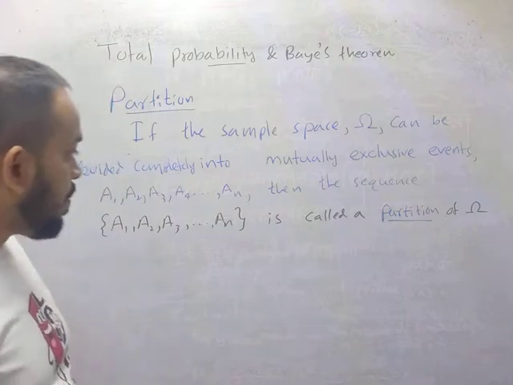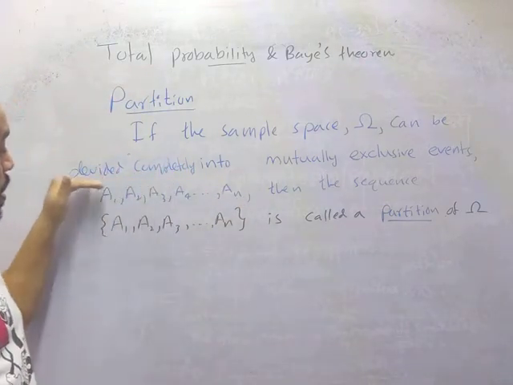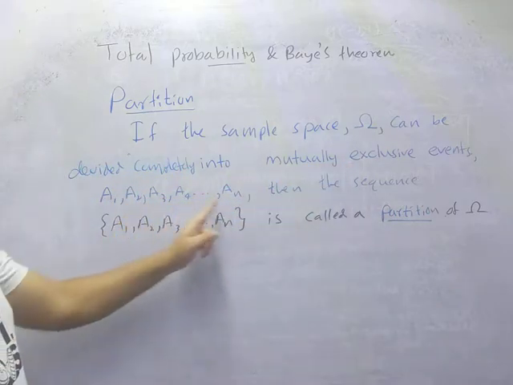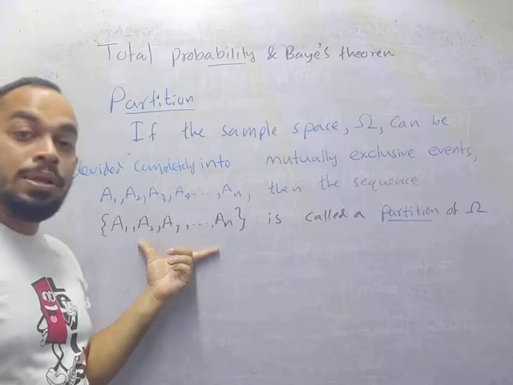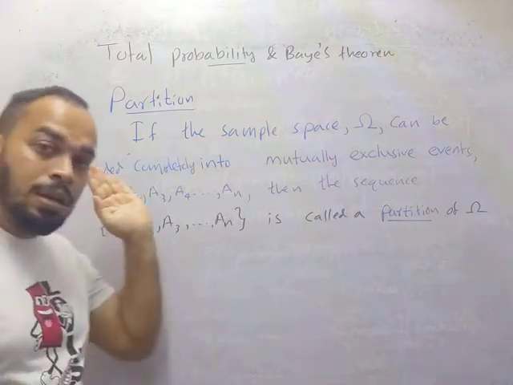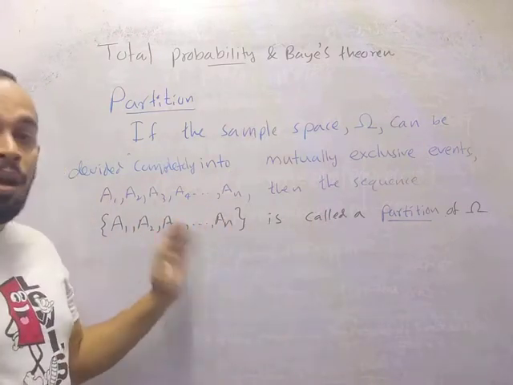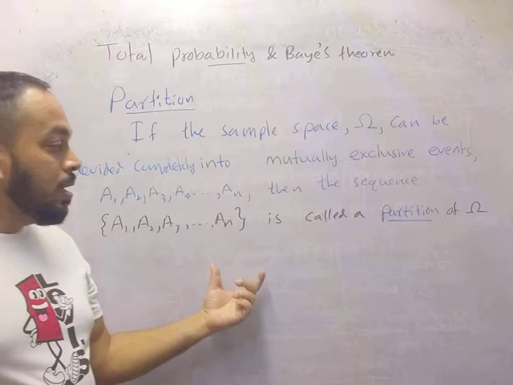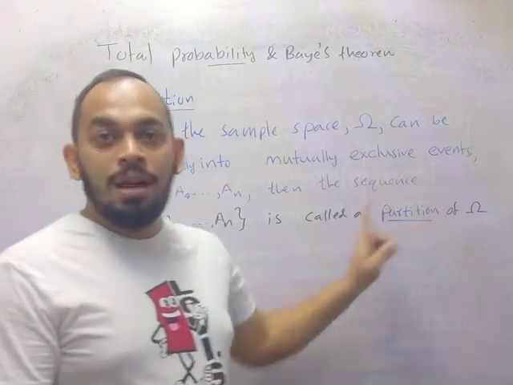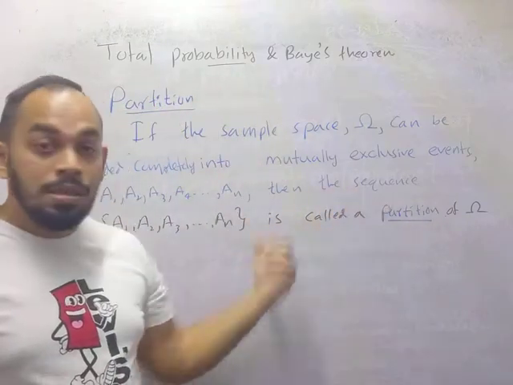So if I can divide our sample space completely into mutually exclusive events like this, into n events, then all n events together are called a partition of the sample space.